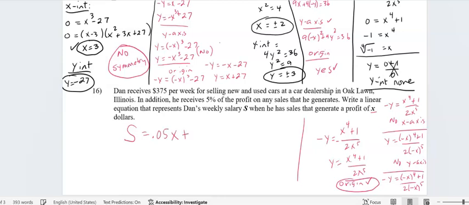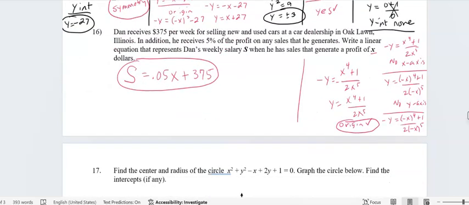And then he gets this flat rate in the sales world that's called a draw, just to kind of help salespeople out if they happen to have a particular bad period, week, or month. They can count on this to get them through until they get their sales back up again. So that would be the equation, the linear equation that represents this scenario given to us in number 16.